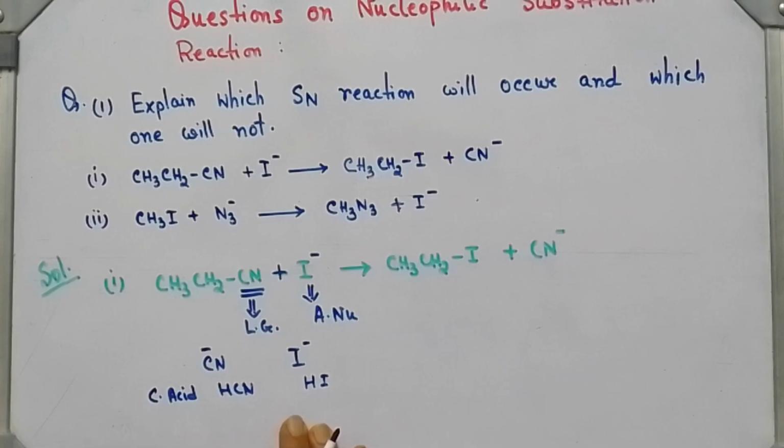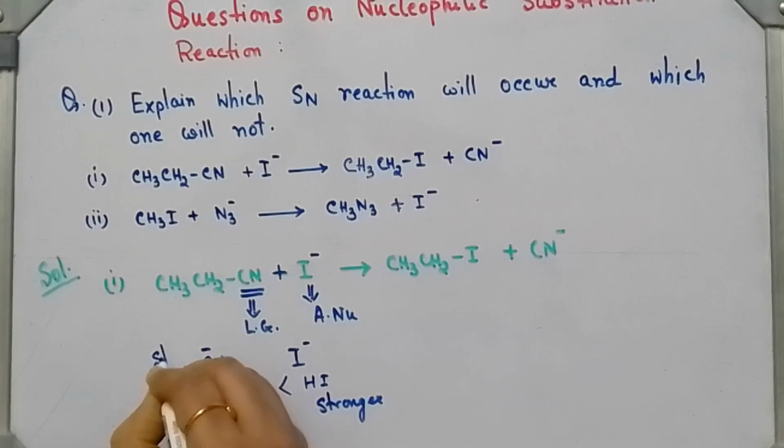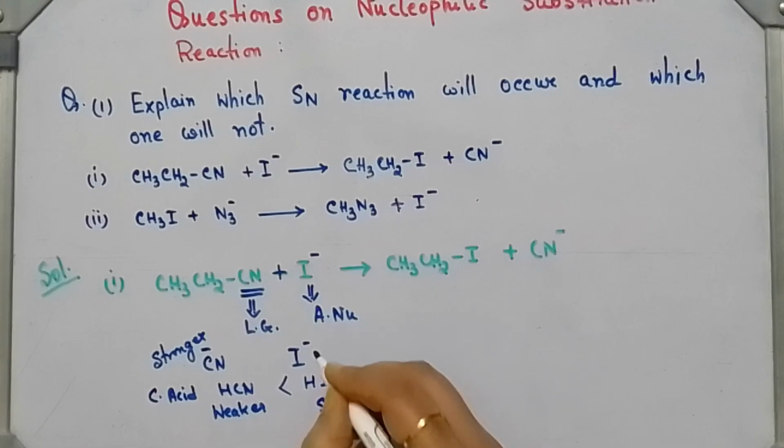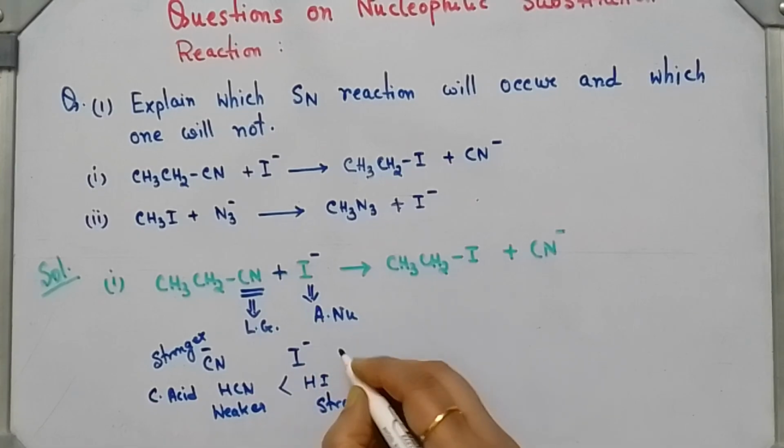If you compare the acidic strength, HI is stronger acid than HCN. This is weaker acid. So this is stronger. This is weaker. So if this is weaker acid, then its corresponding base is stronger. And if it is stronger acid, then this corresponding base is weaker.